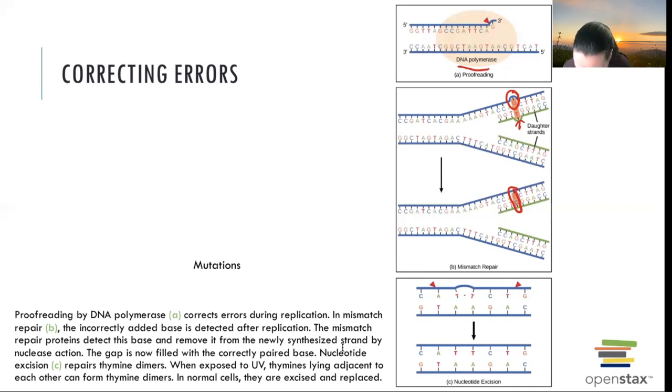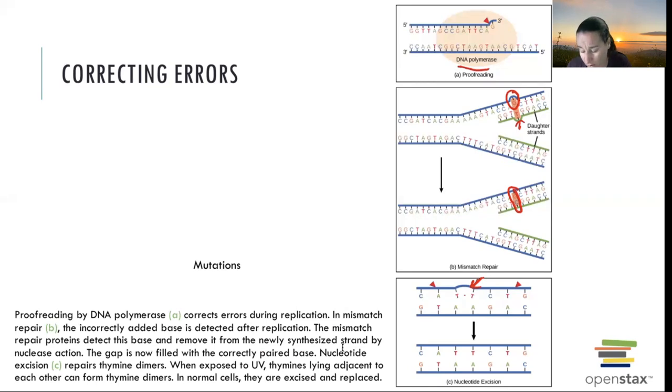So here is our thymine dimers or T dimers. And in this one, this can happen. We all know to be careful in the sun, that UV radiation can cause changes to our DNA, can cause mutations, can cause skin cancer. Everyone's heard of skin cancer, hopefully.